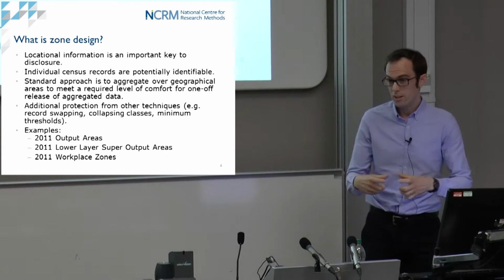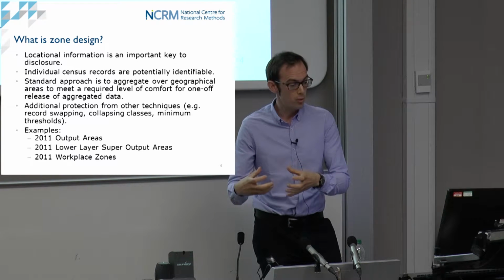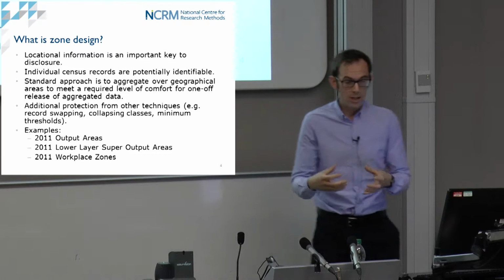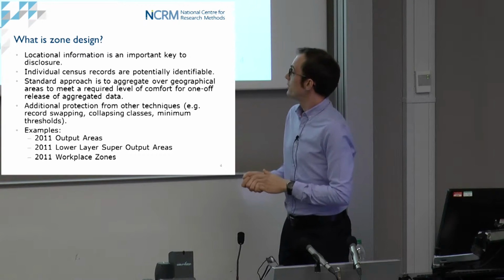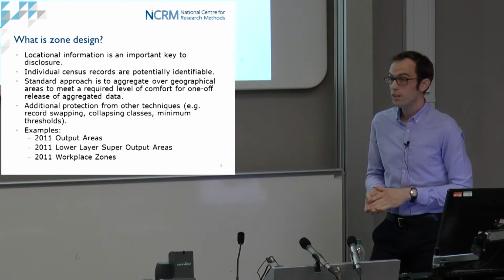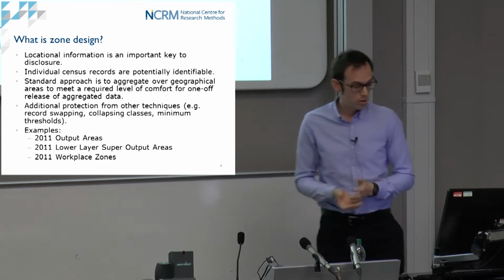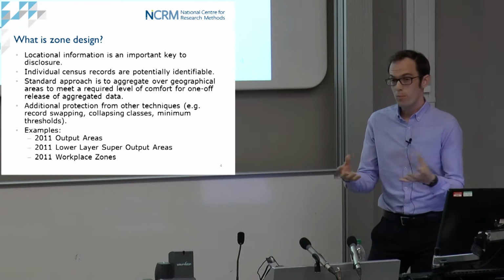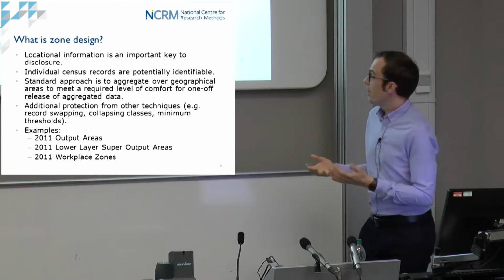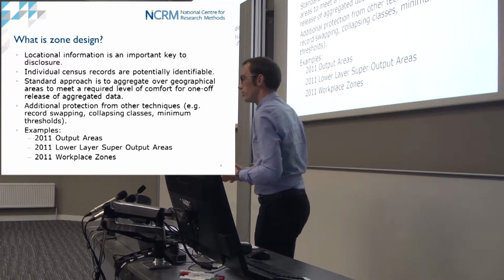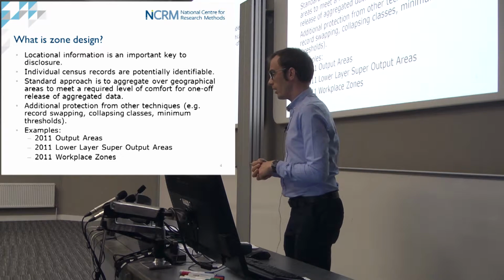So to take different zones or units to meet a sort of comfortable level in terms of population counts. And then there are some other options which exist and which are used, so things like record swapping or collapsing classes, so something like age into groups, and even to come up with different classes based on what's being looked at. And then also thinking about minimum thresholds, so what would our minimum population be that we would be comfortable with for a specific location.